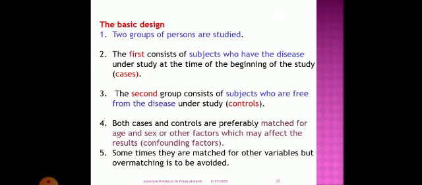Both cases and controls are usually matched for age, sex, and other factors which may affect the results, which are called the confounding factors, which cause bias in the result. We are going to discuss bias and confounding factors later on. Sometimes they are matched for other variables, but overmatching is not preferable. This should be avoided.